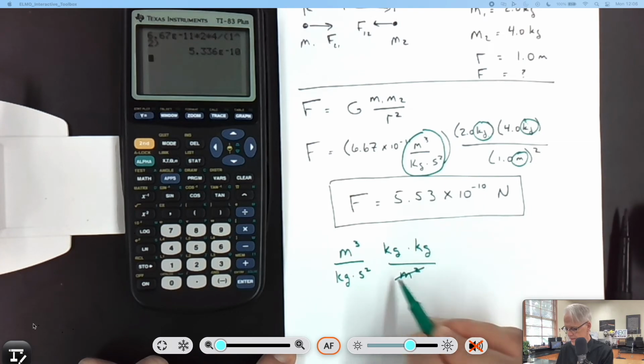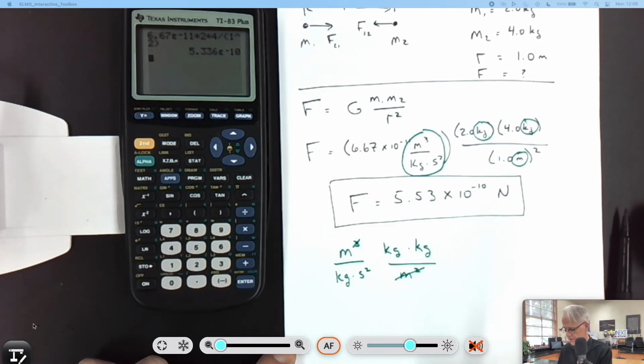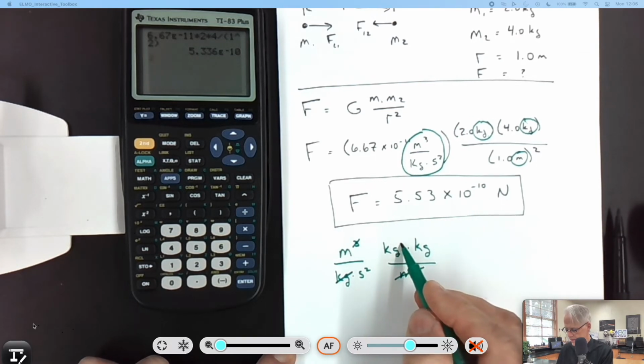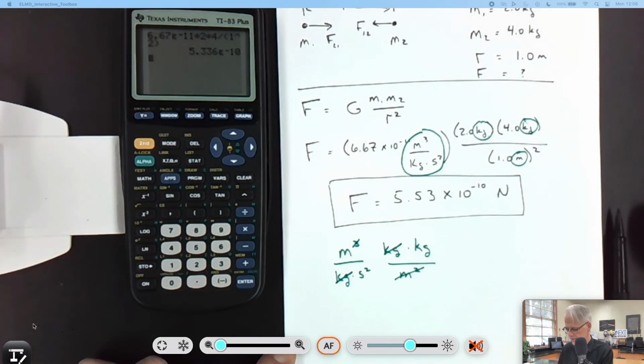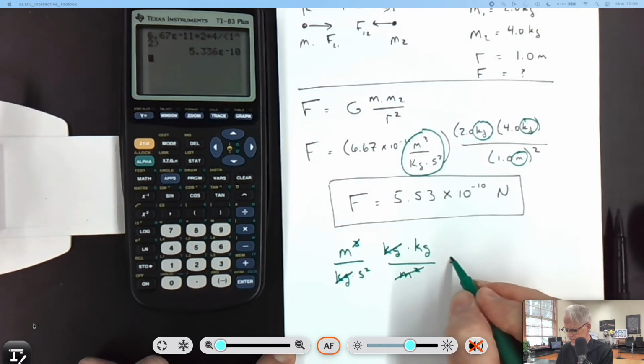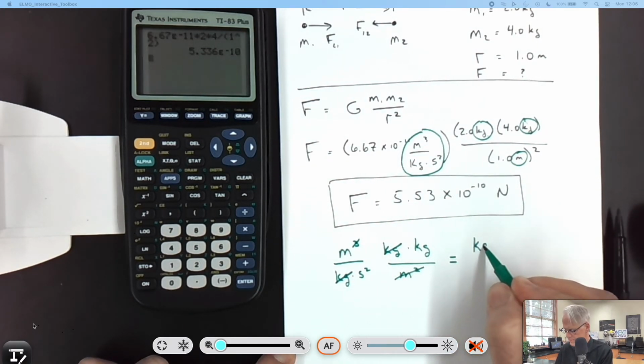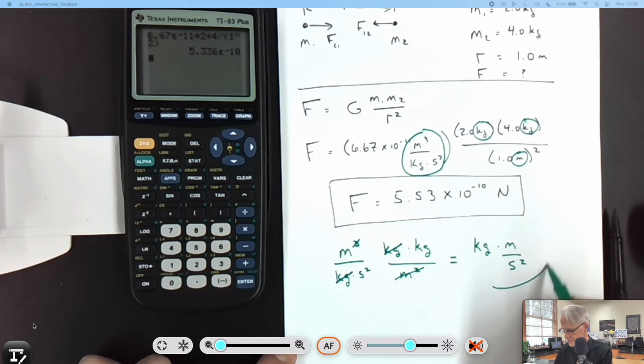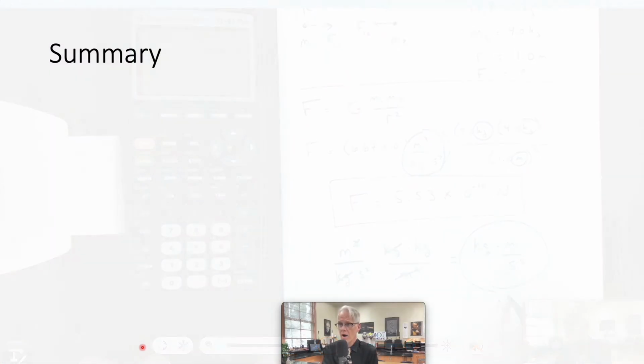Meter squared cancels out. That gives us meters, 1 meter there. We have a kilogram here. That'll take care of 1 kilogram. Let's rewrite this now. This is a Newton.